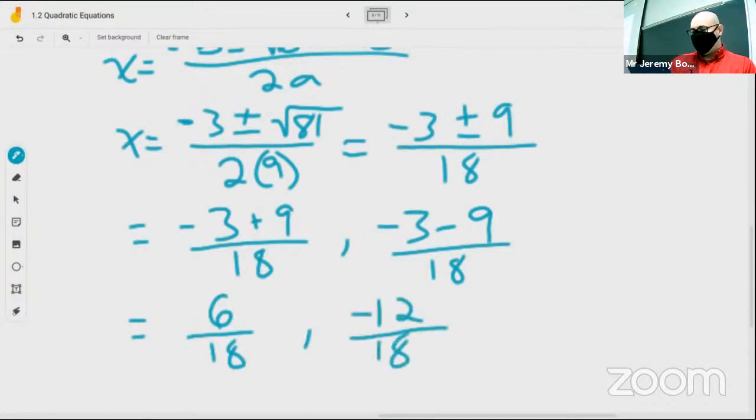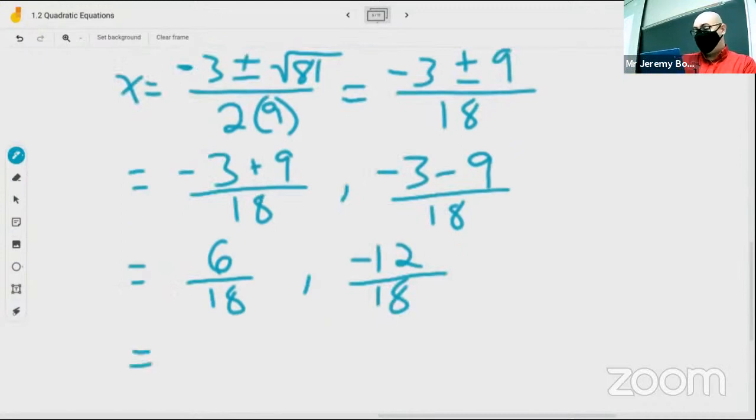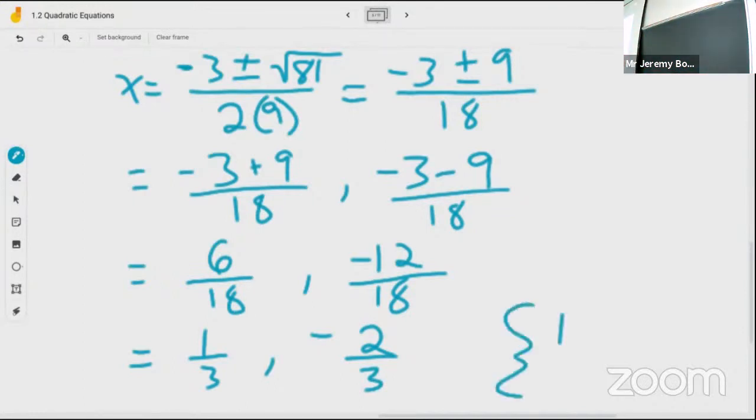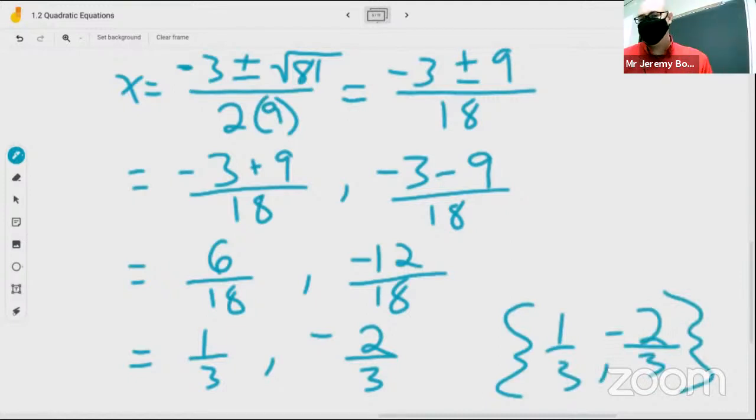We can reduce that as well. It's going to be 1/3 and -4, oh, we can do more of that. I was reducing it by 3, but you can reduce by 6. 2/3. So my answer would be the solution set, 1/3 and negative 2/3. That's going to be our answer.